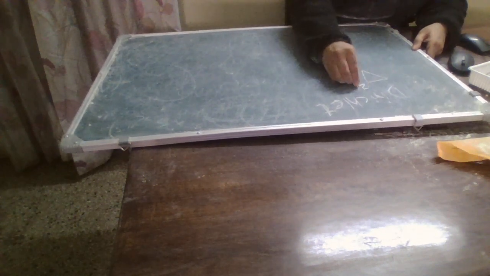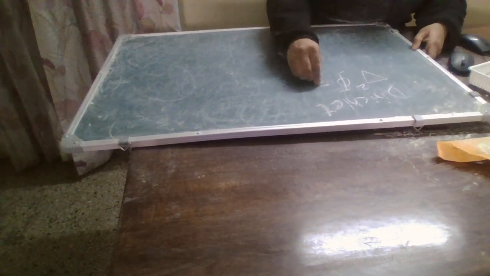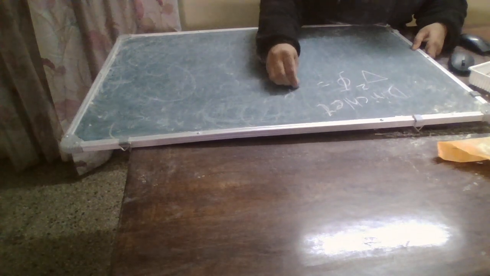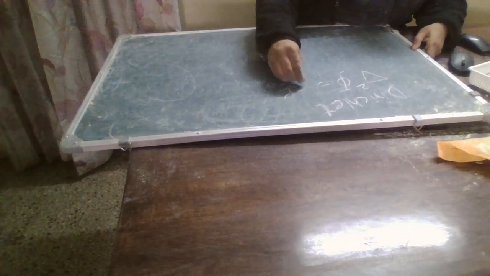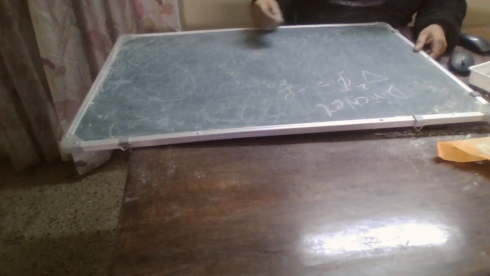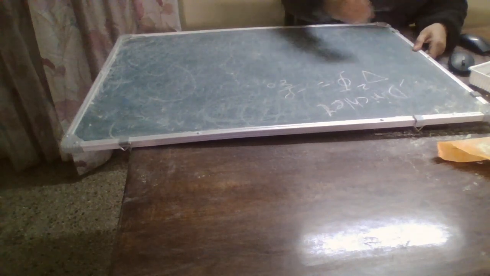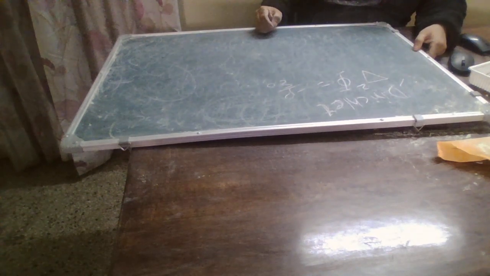Now what we basically want to show is that we have a Poisson equation, del squared phi equal to minus rho by epsilon naught, and this has a unique solution inside the volume V, either subject to the Dirichlet or to the Neumann boundary conditions on the closed boundary surface S.